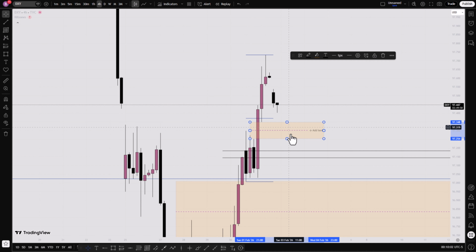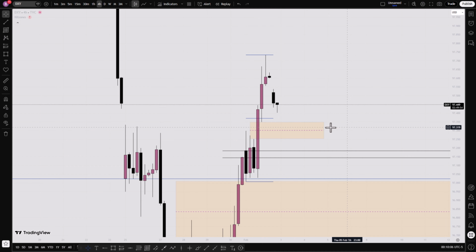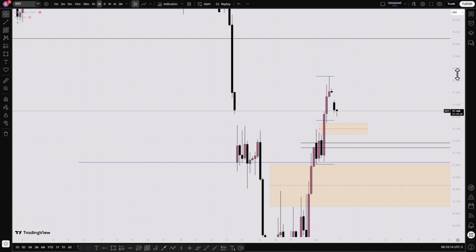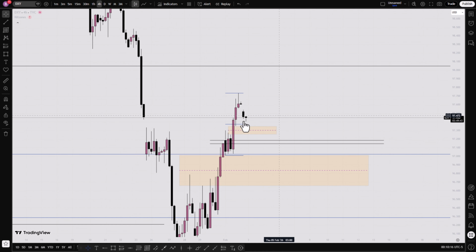I want to see swing formation in the fair value gap. Secondly, we want to see SMT with other foreign currencies on the fair value gap. But right now, we have none.